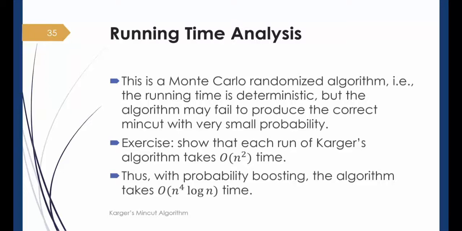You have to be a bit careful about this, but it is not hard at all. And if each execution takes order n squared time, and we are going to repeat this something like c n choose 2 times log n times, therefore, the total running time ends up being O of n to the 4 times log n. So, this is the running time.